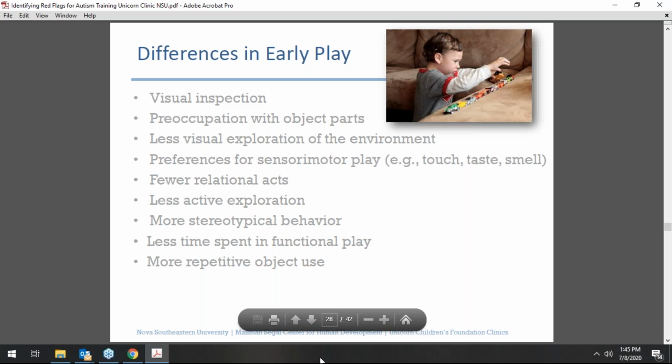So if you see the child getting an item and putting it very close to their eyes, sometimes you might see they take items like a car or a truck and tilt it over to look at what's under, like the letters sometimes. So this is a different way of playing with items. So we look at how they're playing with the items. Are they playing with the items functionally, the way they're supposed to?